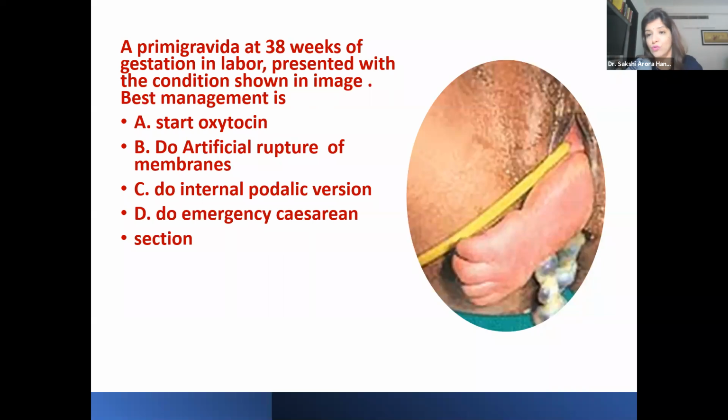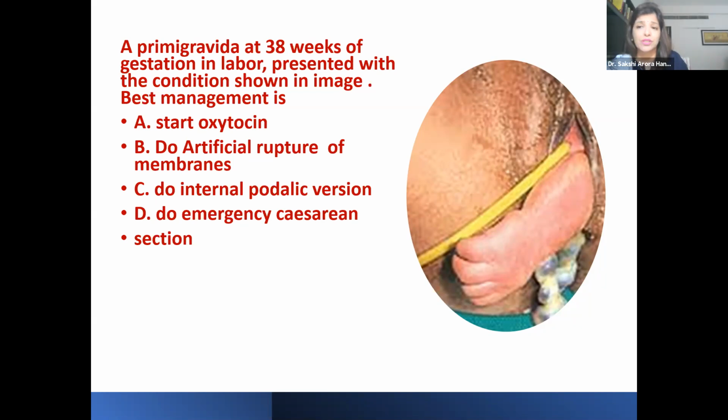So if you are getting slow progress of labor and molding is present, that should never be taken lightly. That means it is a case of cephalopelvic disproportion, and that means you have to do an emergency cesarean section, right?